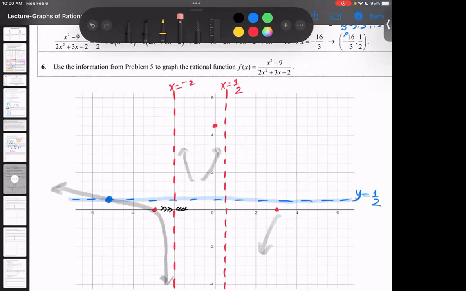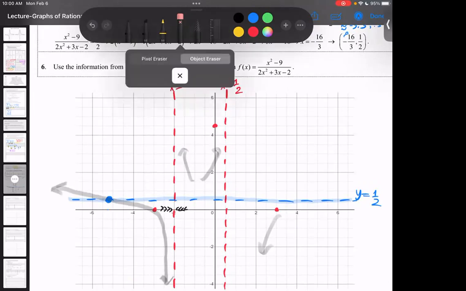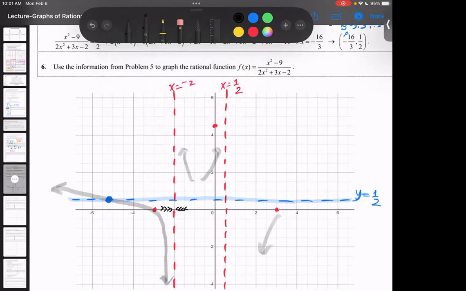And then let's do the right. We do the middle last. The right is going down, and it has to cross this, but it doesn't cross the blue one. So that means my graph looks like that.